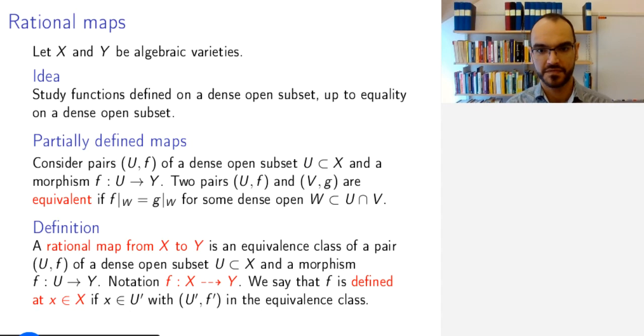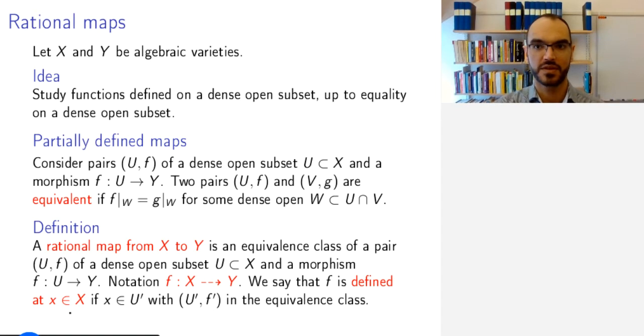And we say that f is defined at a point x if there is a dense open subset U prime and a map f prime giving us a pair in this equivalence class. So it is not necessary that the specific U that is connected to our f is where this x lies, but it might be some other dense open subset that is, together with its map, equivalent to the one we're looking at.